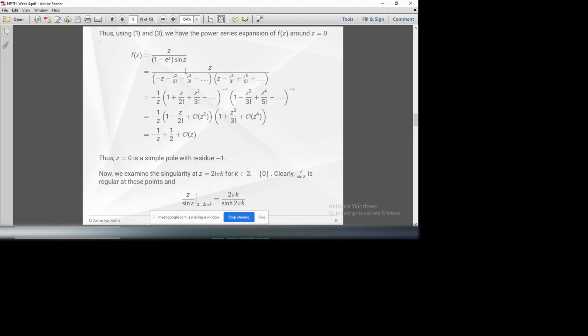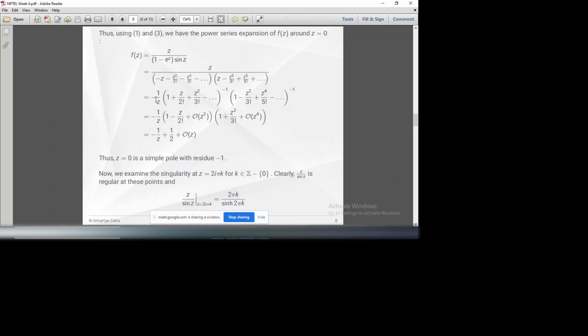I have taken z common from both of these factors, and there was a z in the numerator, so these factors get cancelled, and then we are left with minus 1 by z. The minus comes from this first factor.